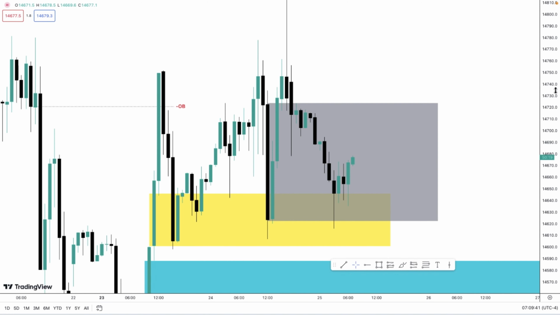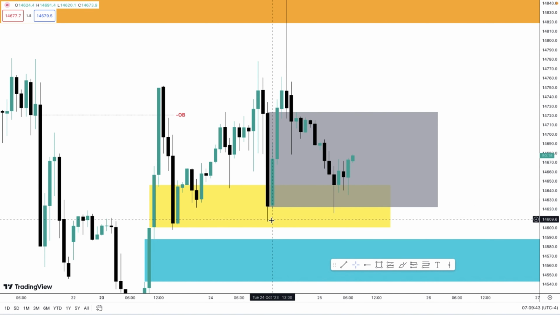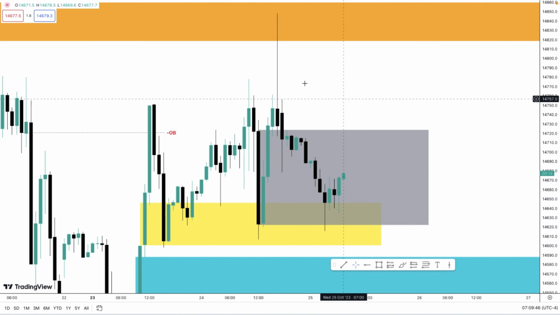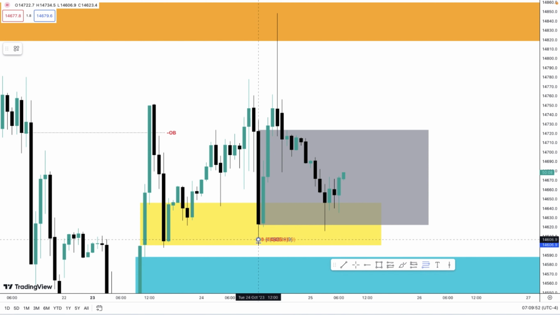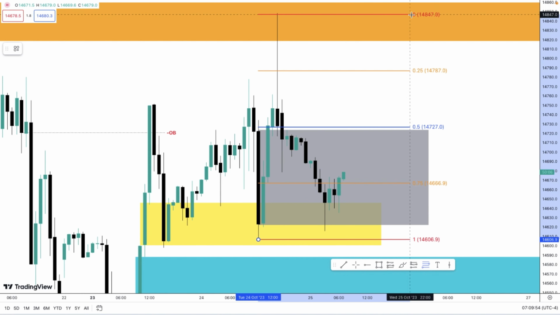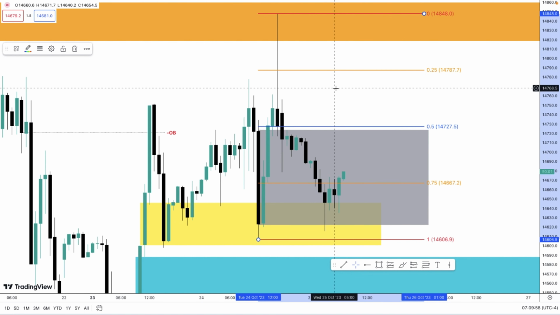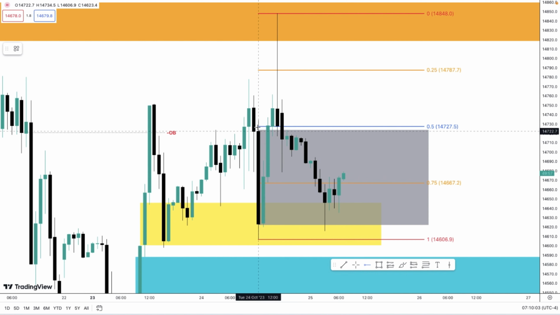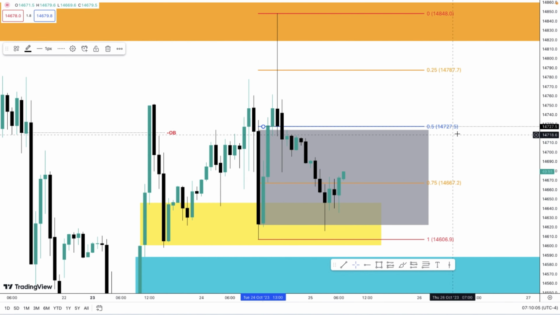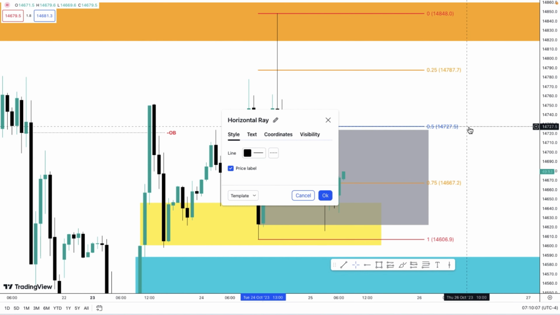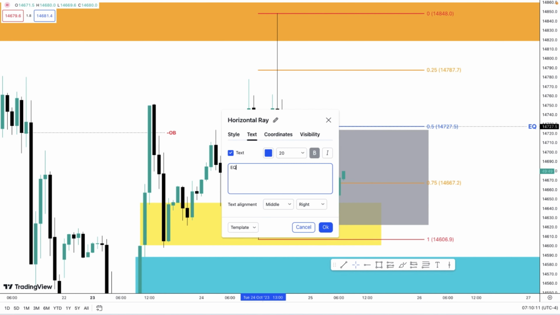Now, in between this swing low and this swing high, we mark that range using the Fibonacci from the low there to the high. 50% is equilibrium. So I'll mark this 50% level, 147275, as equilibrium.